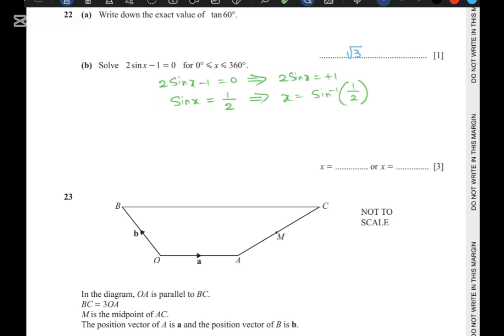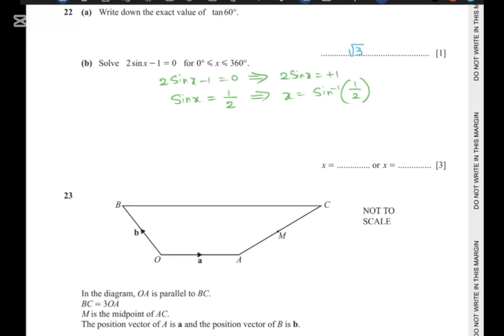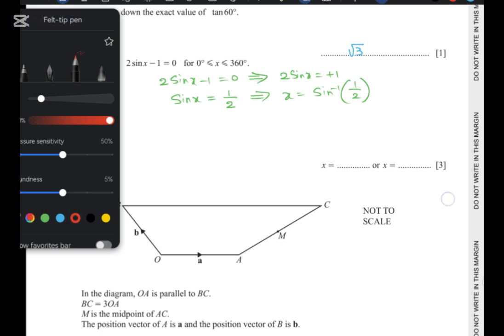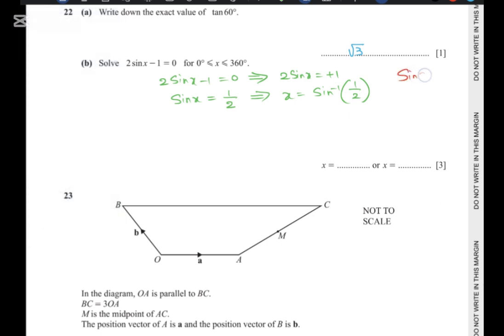These values you have to check. Sine 30 is half. You have to remember by heart all the values for a non-calculator paper. Sine 30 is half, but we also need the other angle in the range of 0 to 360.